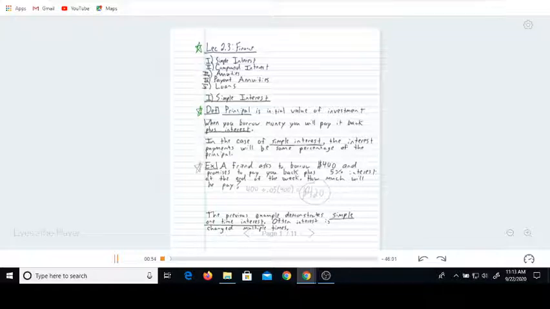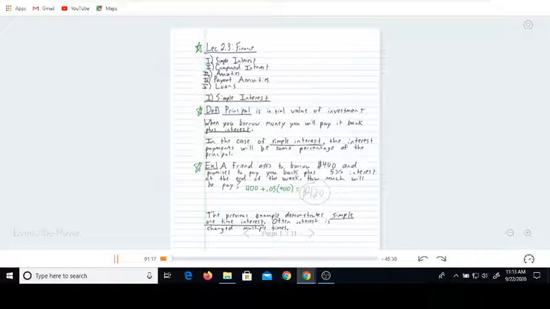So let's look at an example here. First example of the lecture. A friend asks to borrow $400 and promises to pay you back plus 5% interest at the end of the week. How much will he pay? Well, he's going to pay back the $400, right? Plus he's going to pay back 5% of what he borrowed, which is 5% of 400.